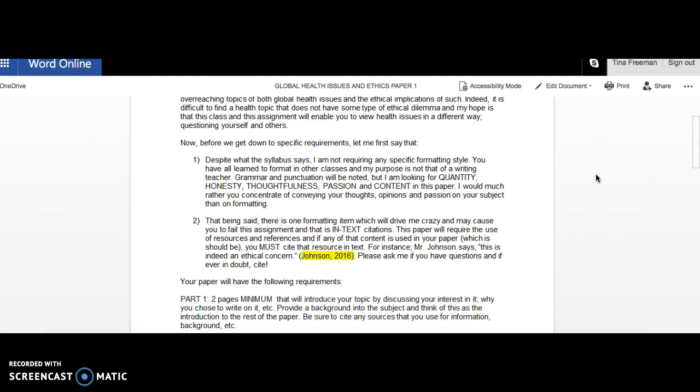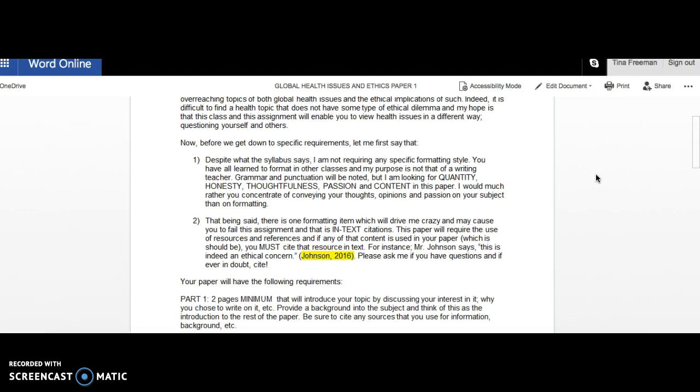Really, what I am trying to get from this paper is your honesty, your passion, thoughtfulness, quality of the paper. There are minimum requirements as far as length, but more importantly, I think is what you're trying to include in the paper. So I'd rather you concentrate on conveying your thoughts, opinions, and passion on your subject rather than concentrating on formatting.